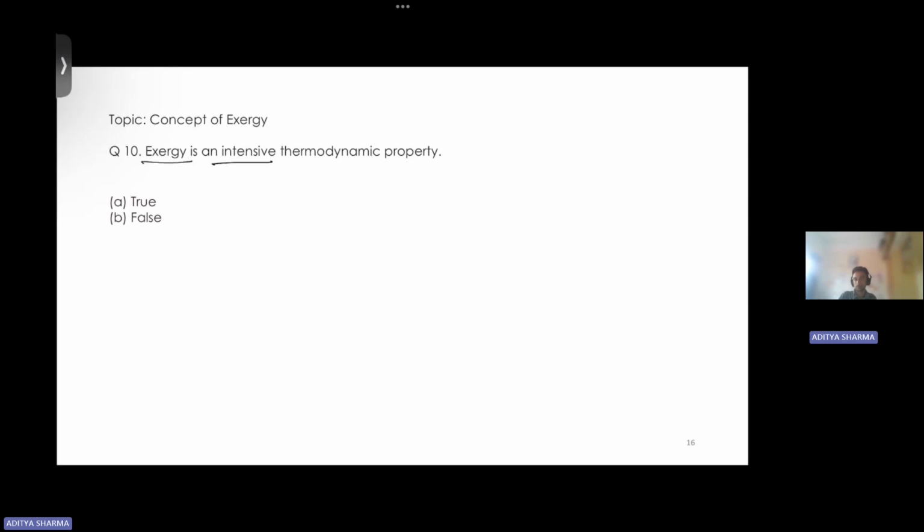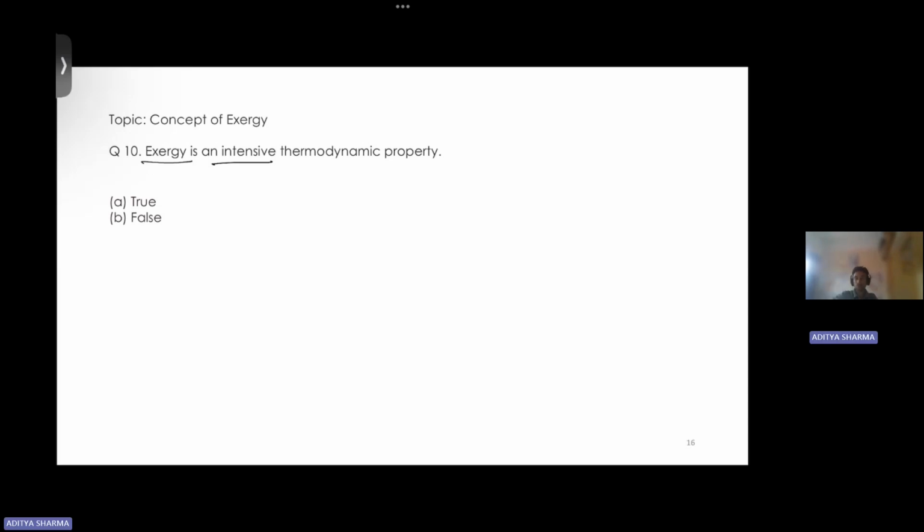And temperature is an sorry, pressure is an intensive property, right? It doesn't depend on the extent of the subject for which we are defining the pressure, and then temperature. It doesn't depend on the extent, right, of the subject for which we are defining the temperature, right?